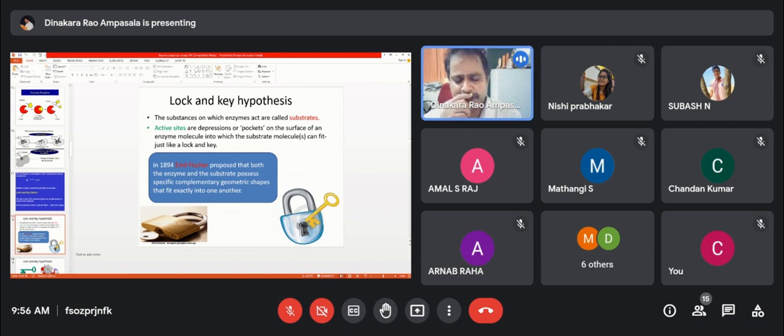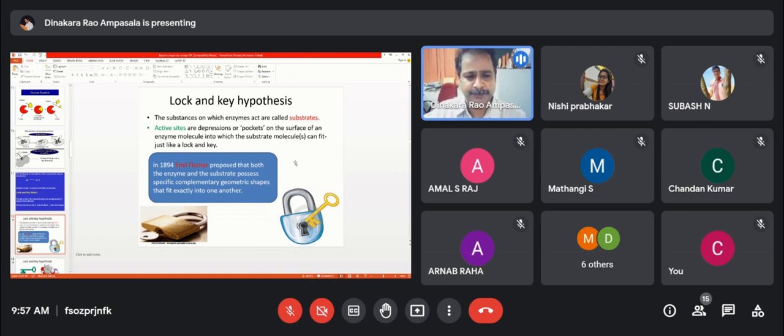Okay, so this model was proposed in 1894 by Emil Fischer, and he suggested that the active binding site has a rigid structure. So whatever substrate has the complementary shape will enter into this active site, interact with the active site amino acids, and become a product.